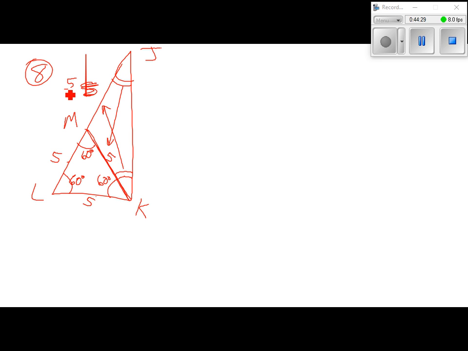Let's see, what did they ask us to find? Find the value of x. Well, they told us that that side was x plus 1, right? So x plus 1 should equal how much? 5, subtract 1, what's x equal? 4. Is that what they asked us to find? Next question.